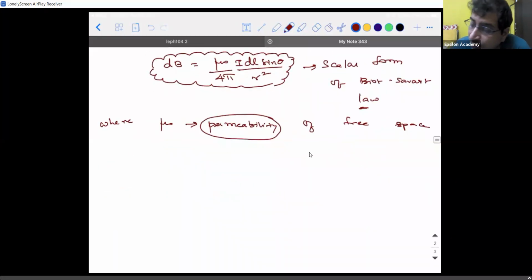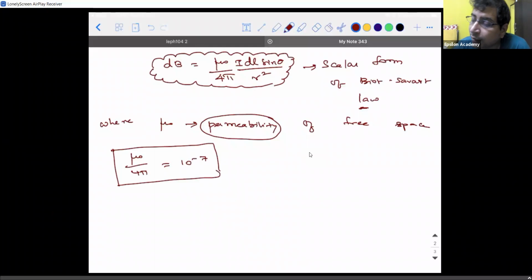Then mu naught divided by 4 pi is equal to 10 power minus 7. Like how you write 1 by 4 pi epsilon naught as 9 into 10 power 9, here mu naught by 4 pi will be equal to 10 power minus 7.